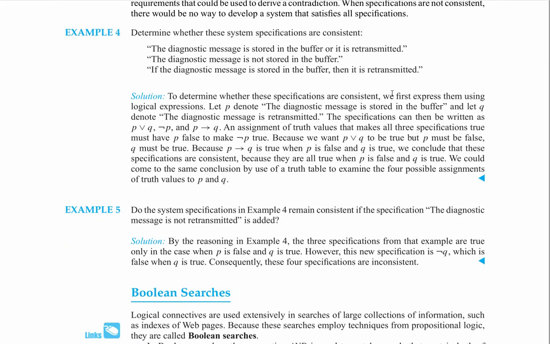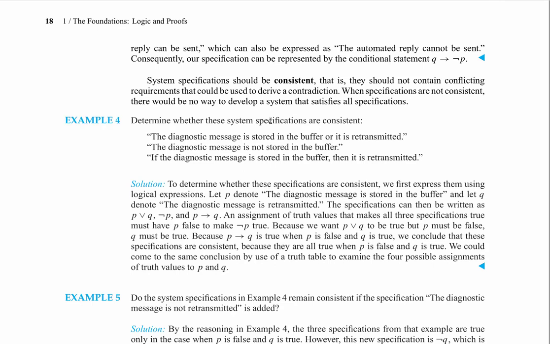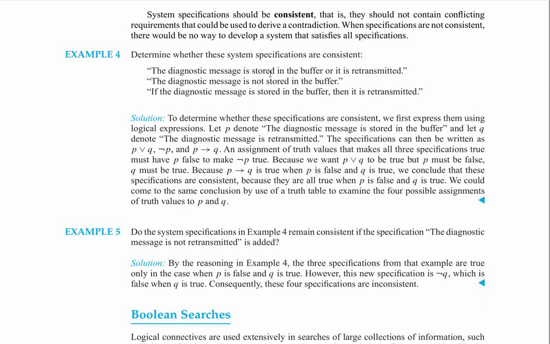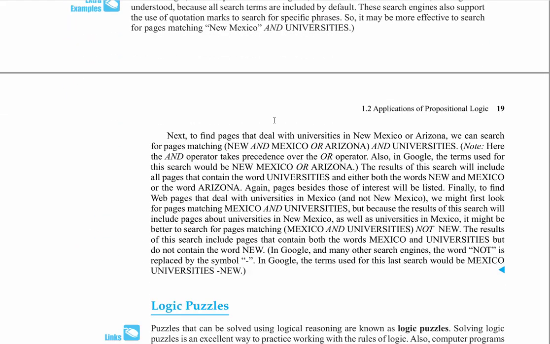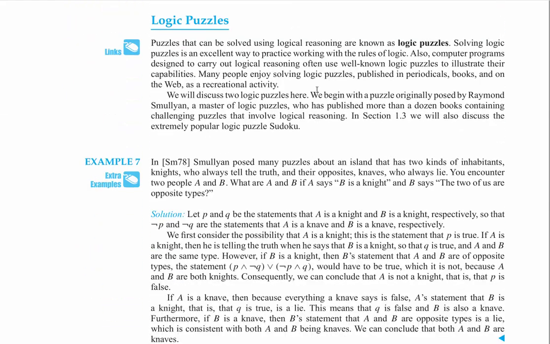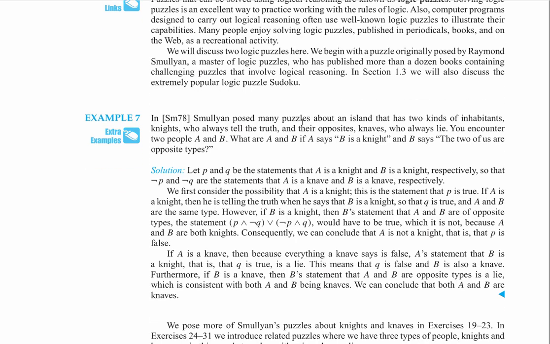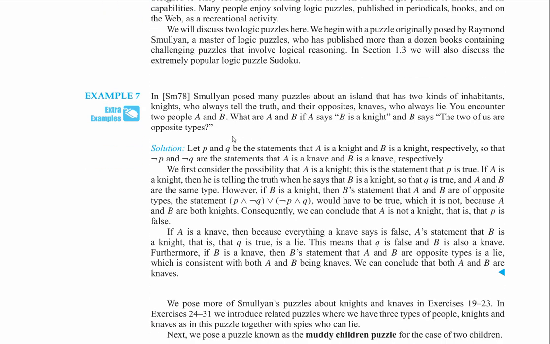So, another example of consistency checking here. Logic puzzle, another one.